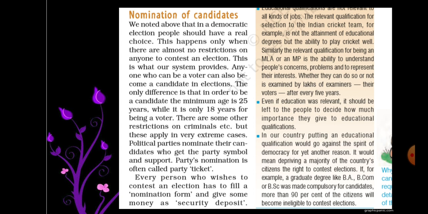So recently a new system has come by order of the Supreme Court, and by that order every candidate has to make a legal declaration giving full details of serious criminal cases pending against the candidate, details of assets and liabilities of the candidate and his or her family, and also educational qualifications of the candidate.